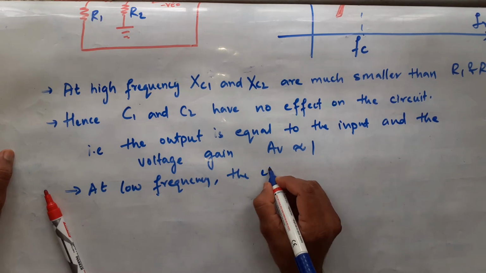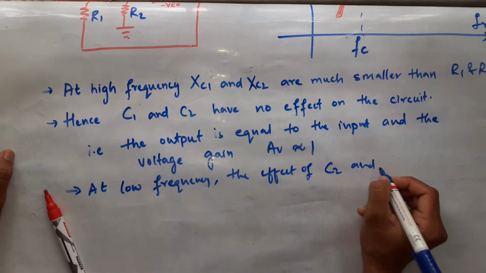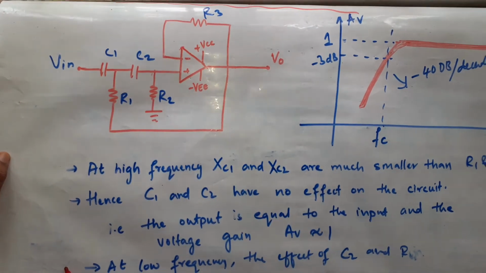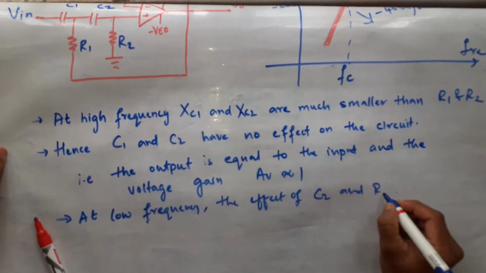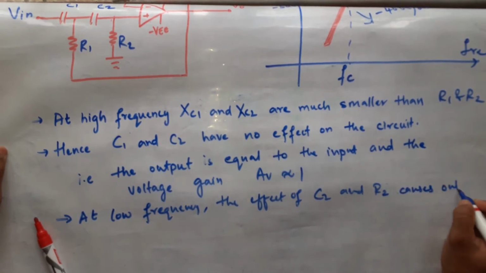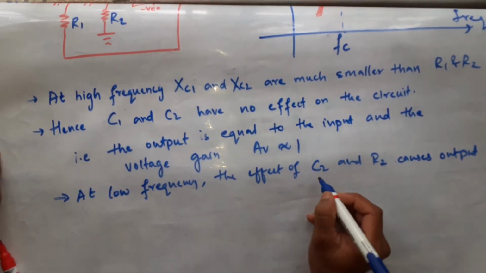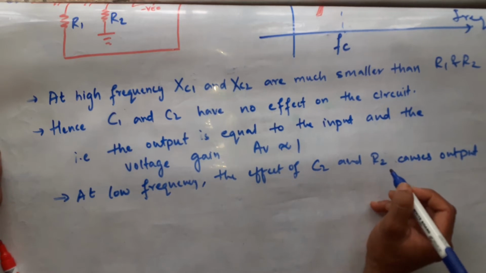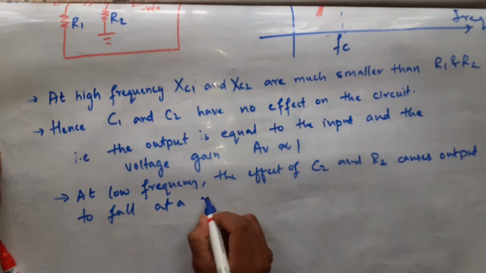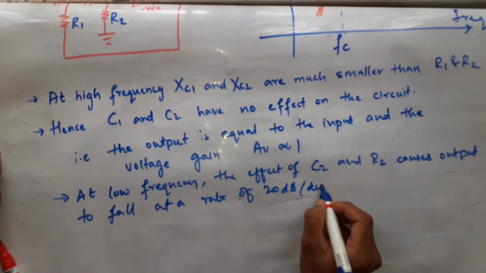Okay, the effect of capacitance C2 and R2: C2 and R2 will cause the output to fall at a rate of 20 dB per decade.